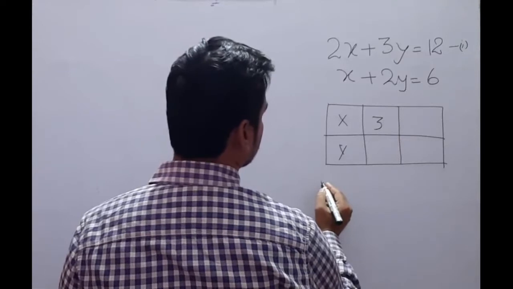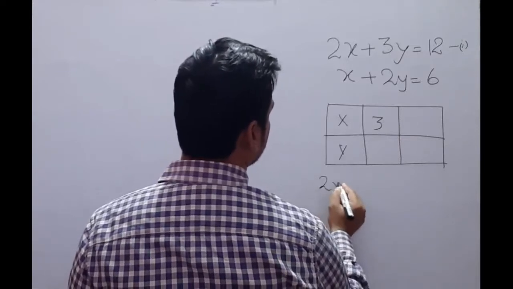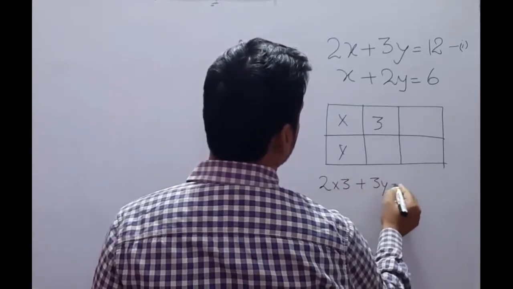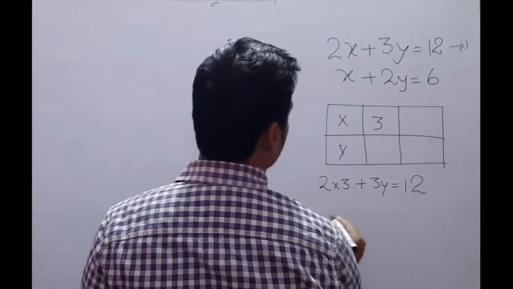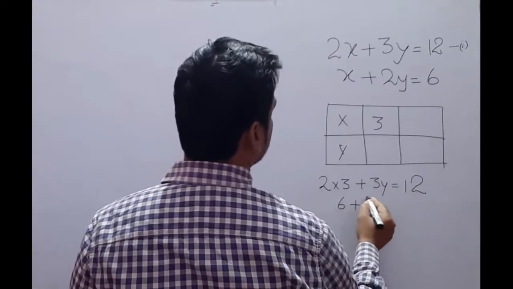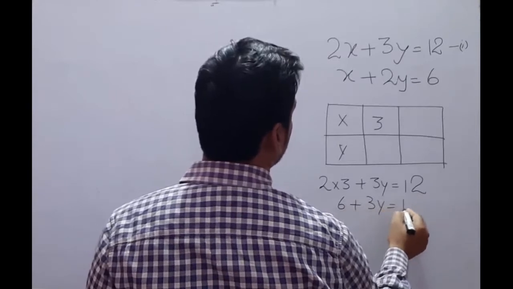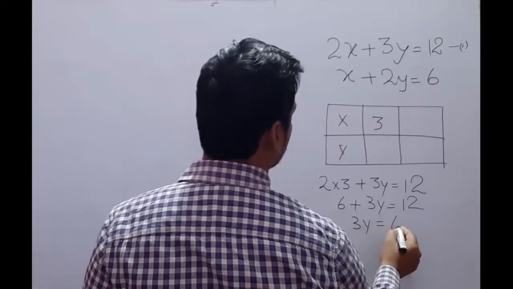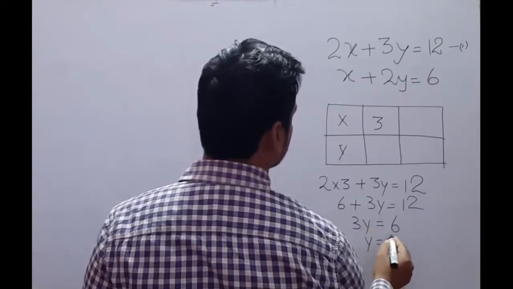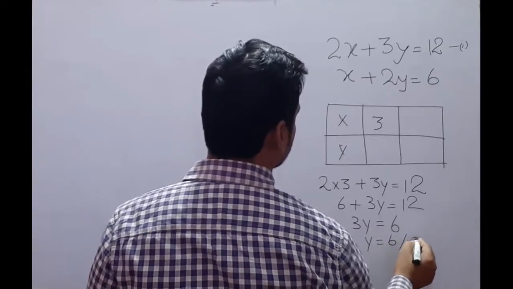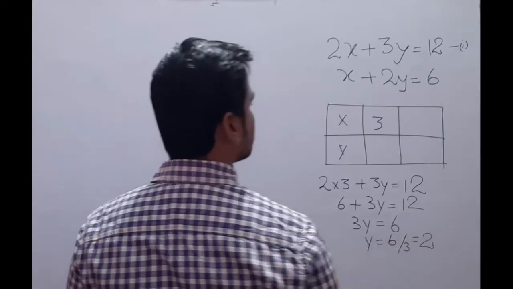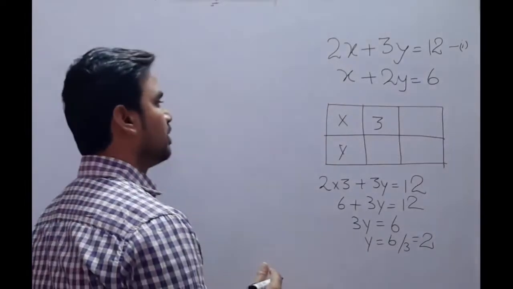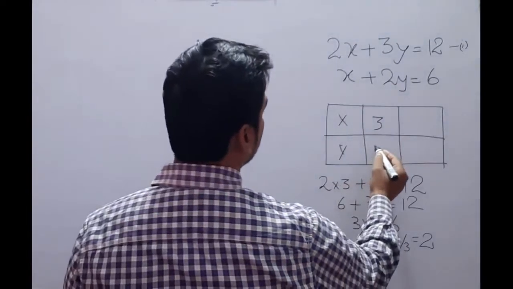After putting 3 in place of x, we get 3 into 2 plus 3 into y equals 12, and 6 plus 3y equals 12, and 3y equals 6, and y equals 6 by 3, that is equal to 2. So it means that when we take x equals 3, we get the value of y, that is equal to 2.